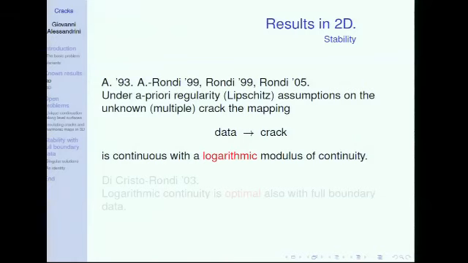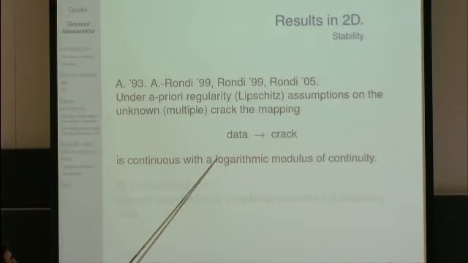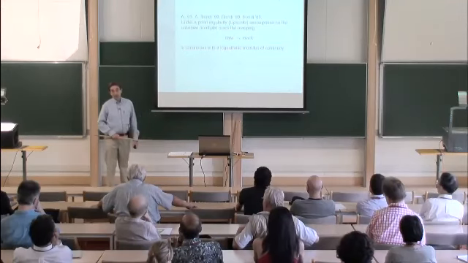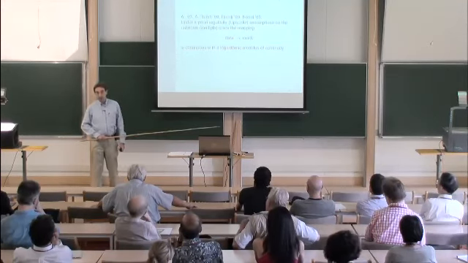And then also the stability issue was considered, and starting with a paper of mine in '93 and ending with a paper of Rondi a few years ago, the final result is that the mapping, having chosen suitable boundary data, the mapping from the data to the crack is continuous with a logarithmic modulus of continuity, provided some a priori regularity assumption is made on the crack.